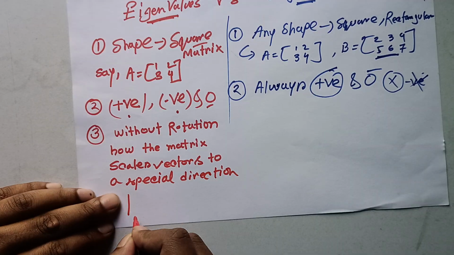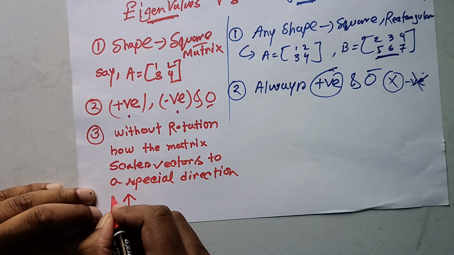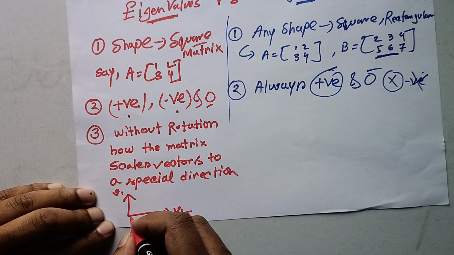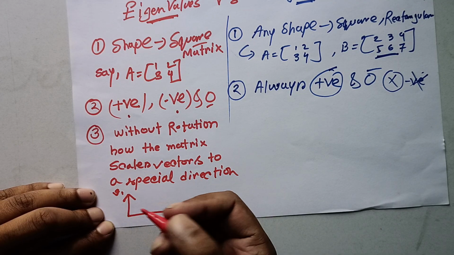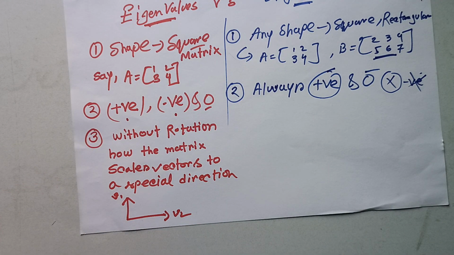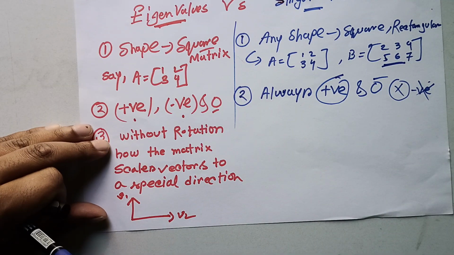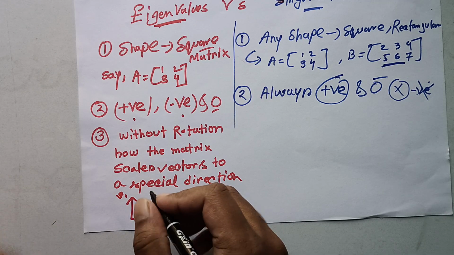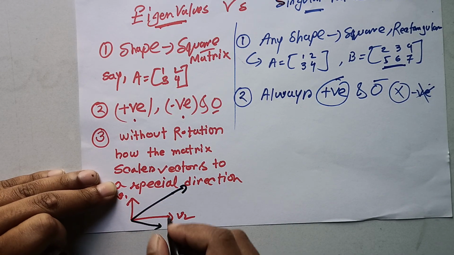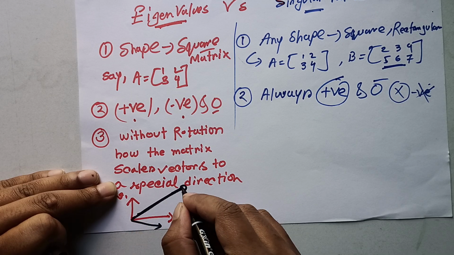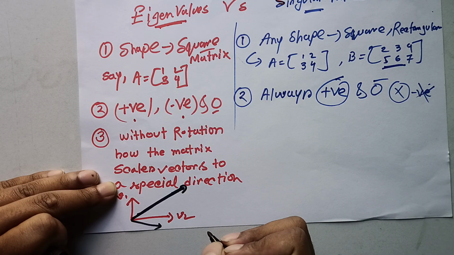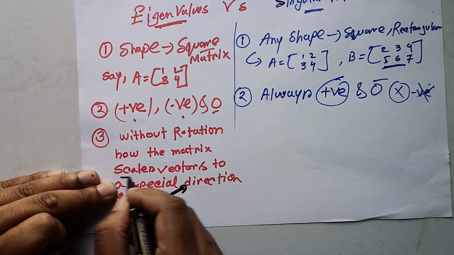So suppose I have a matrix which contains two vectors v1 and v2, and from this matrix we extract some eigenvectors. Say you extract one eigenvector like this one and one like this one, and this is the biggest one, and this eigenvector is scaled up.